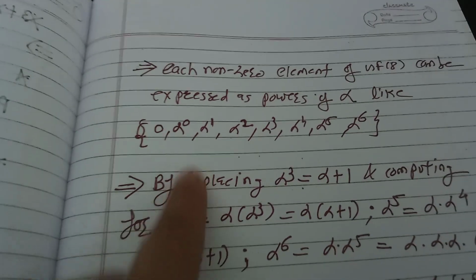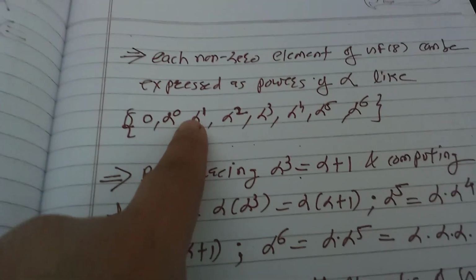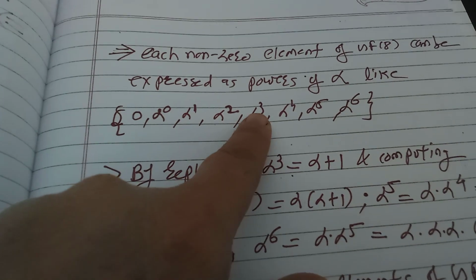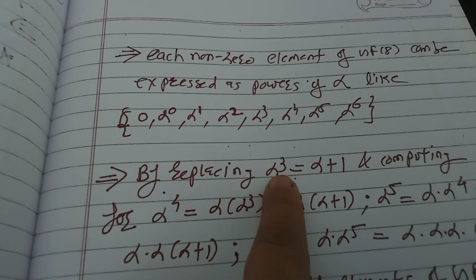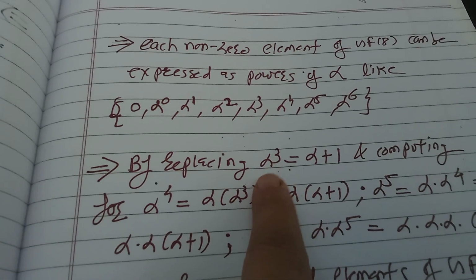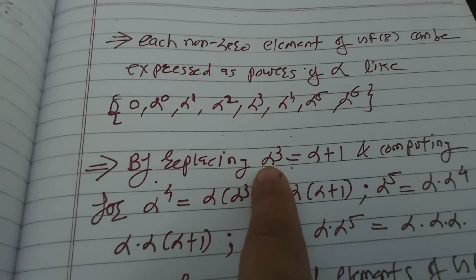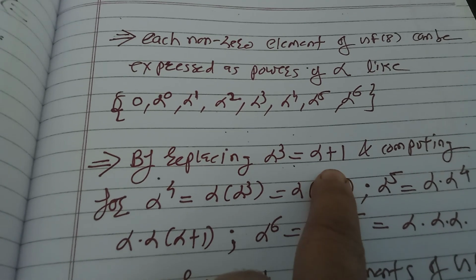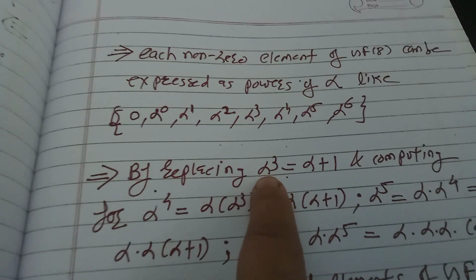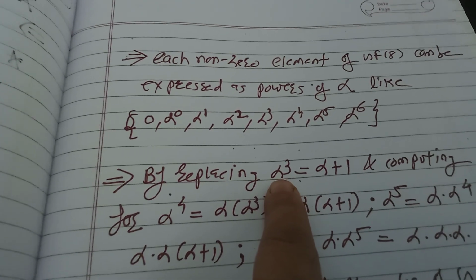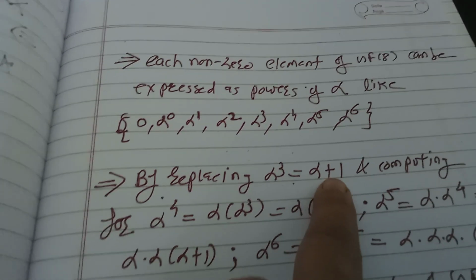So 0, alpha raised to 0, alpha raised to 1, alpha square, then alpha cube we can replace with alpha plus 1, which is called mod of primitive polynomial. We are representing the elements in terms of mod of primitive polynomial. Why mod? If you divide alpha cube by alpha cube plus alpha plus 1, the remainder you will get is alpha plus 1.